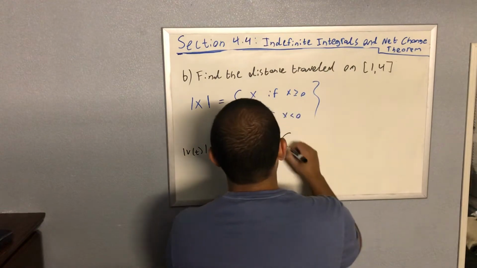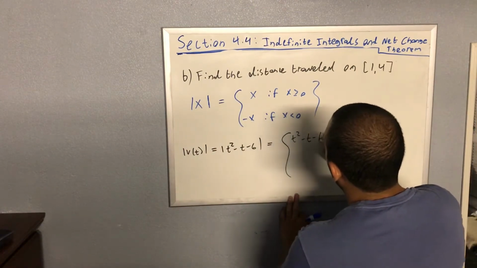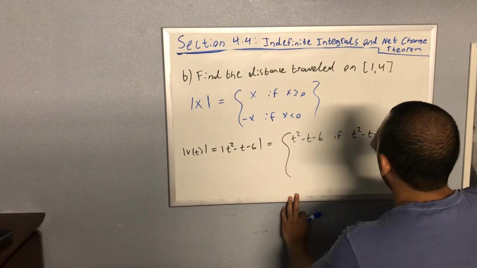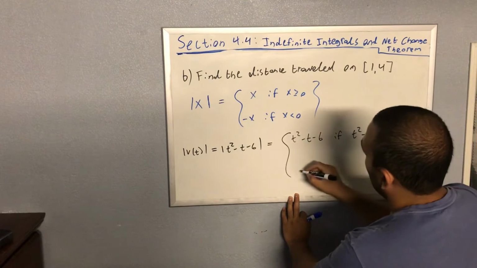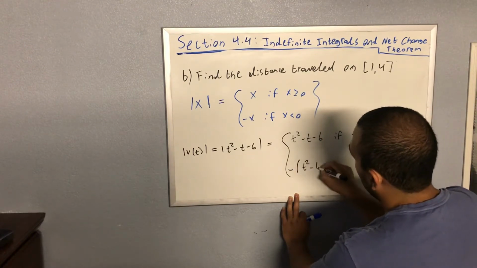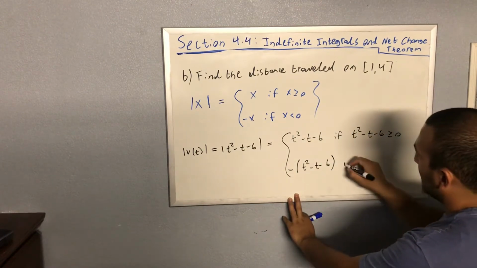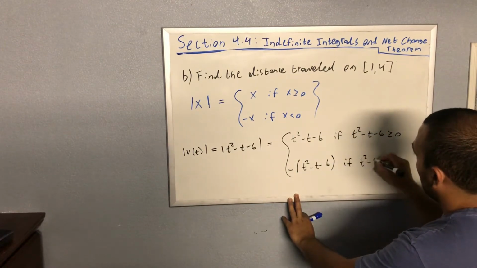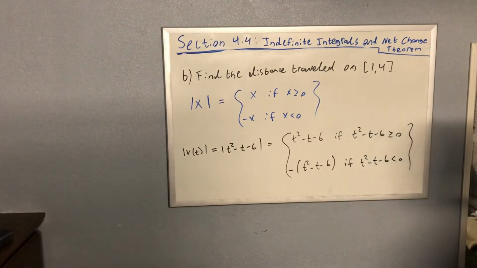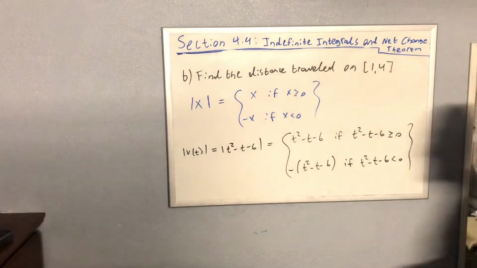This literally means you leave the function the way it is if all of this is 0 or positive, or you tack on a minus sign in front of all of it. So notice this minus sign distributes to all of this. Okay, so that's how we are interpreting the absolute value of v of t.